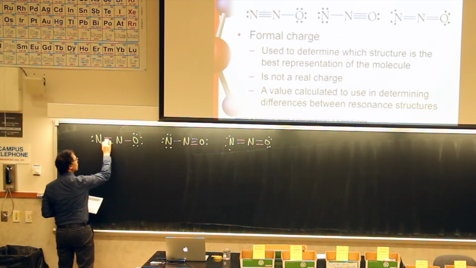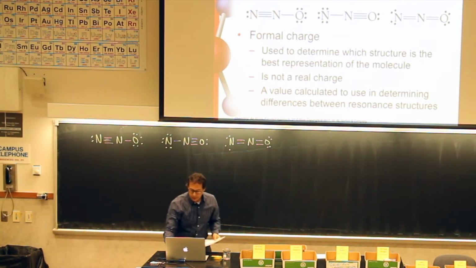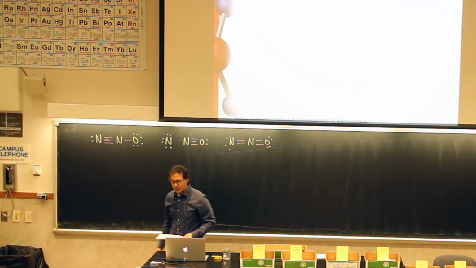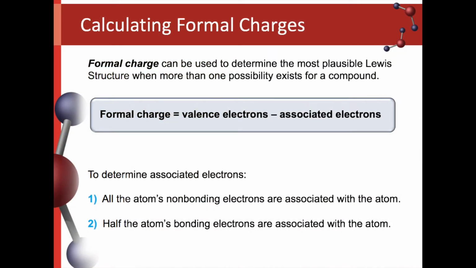All right, now, formal charge. What is a formal charge? A formal charge can be used to determine the most plausible Lewis structure, so which one should actually exist. The formal charge is equal to the valence electrons minus the associated electrons.